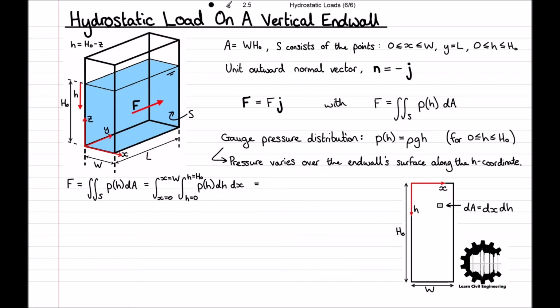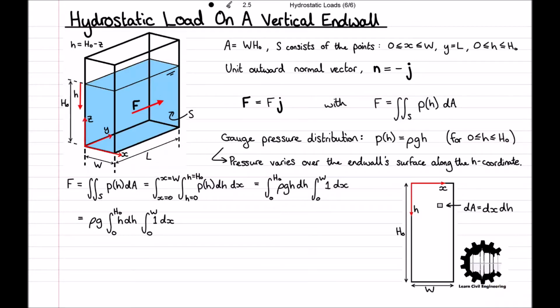Substituting the gauge pressure distribution, this can be written as the integral of ρgh with respect to h, with boundary limits of 0 and h0, times the integral of 1 with respect to x, with boundary limits of 0 and W. Factoring ρg out of the integral, we are left with ρg times the integral of h with respect to h, from 0 to h0, times the integral of 1 with respect to x, from 0 to W. The integral of h with respect to h is equal to 1/2 h squared, and the integral of 1 with respect to x is equal to x.